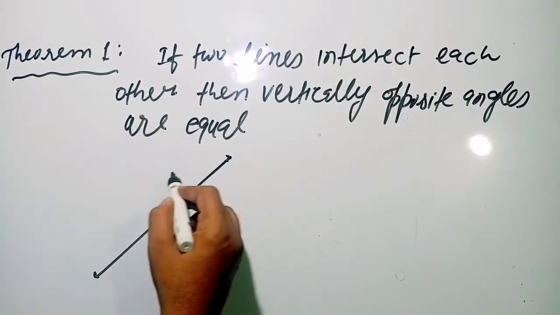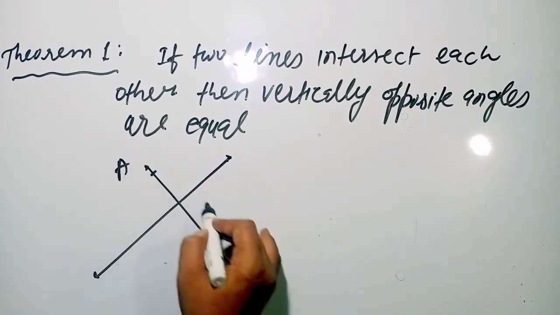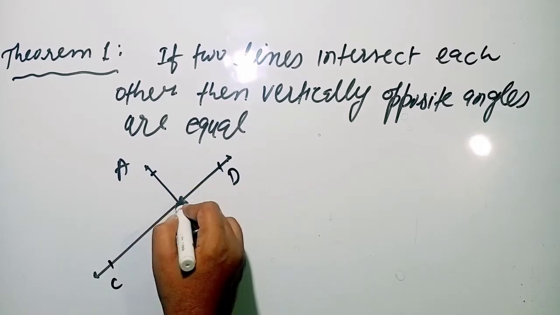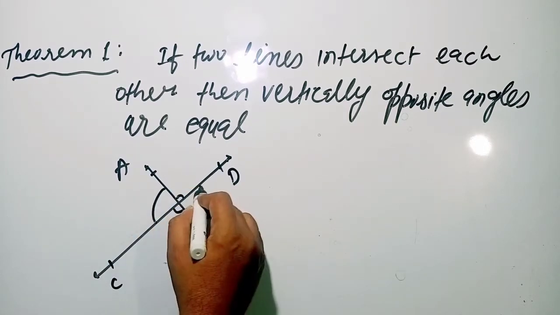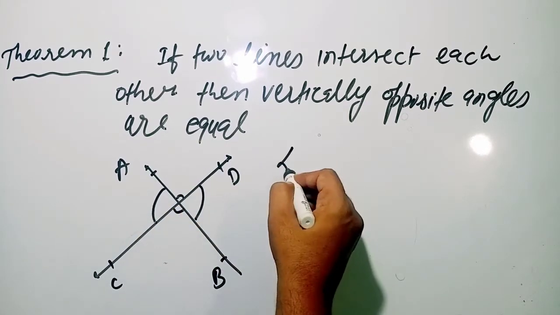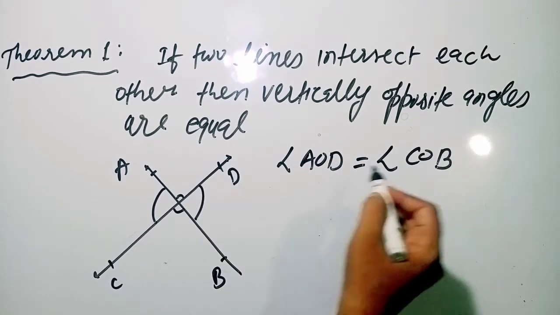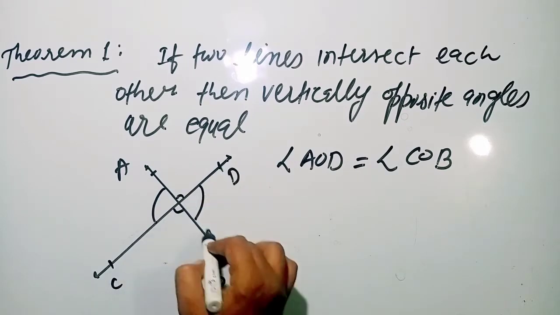Suppose here is a line AB and another line CD intersecting at O. So these are the vertically opposite angles. Angle AOD and angle COB are vertically opposite angles, right?